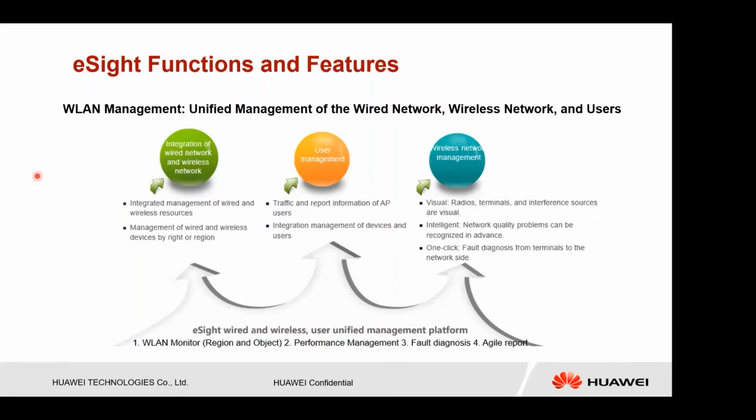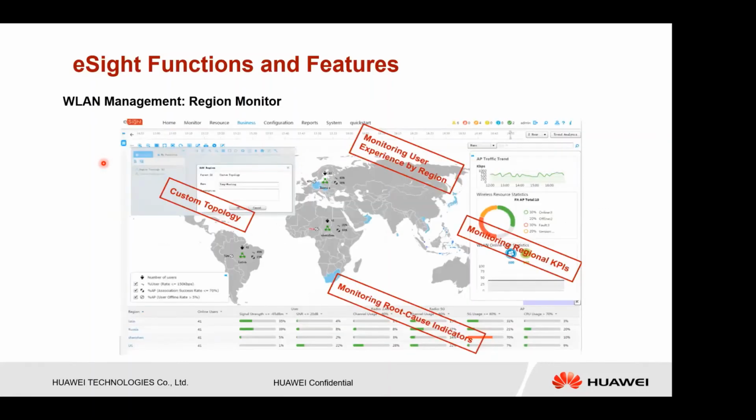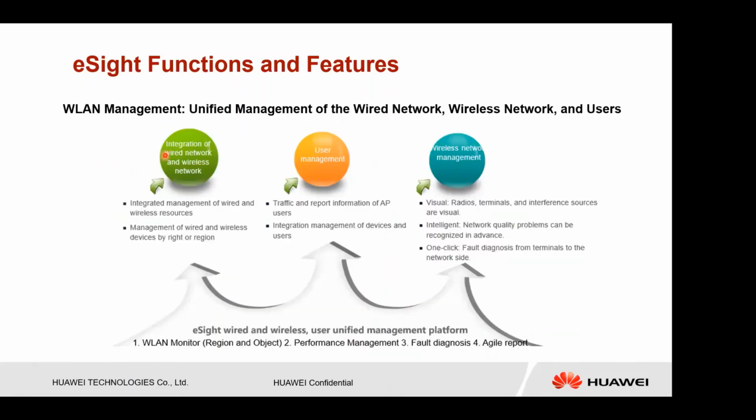And eSight also supports WLAN management, unified management of the wired network, wireless, and also the user. So the integration of wired and wireless network. So you can get all the information based on the user that is connected via wired or wireless. And you can also have the user management.